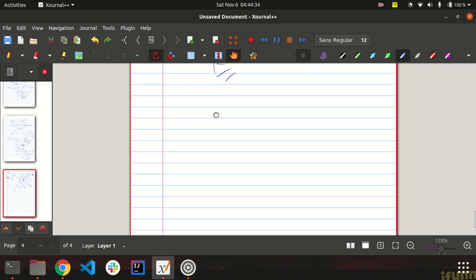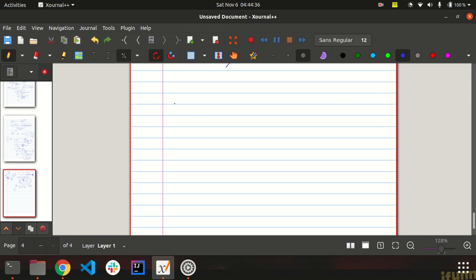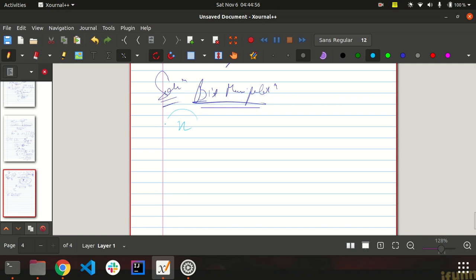Now there is one more solution to it that can be solved using bit manipulation. As we know, we have a limit to n, which is Integer.MAX, correct?